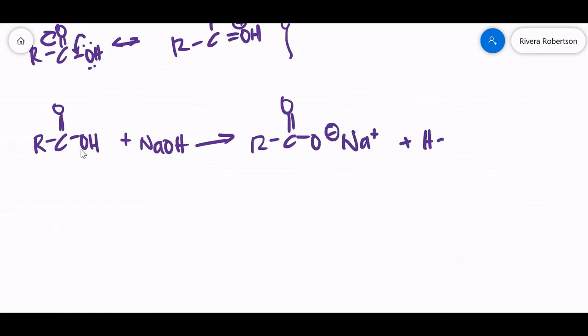So, the question now is, if they are acids, what are the different factors which affect the acidity of your carboxylic acids? So, let's take a look at the different substituents that can be attached to this group to increase or decrease the acidity of your carboxylic acids.